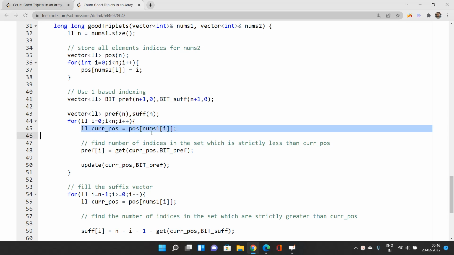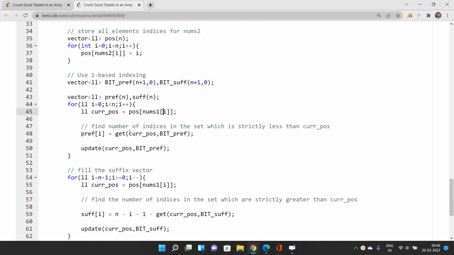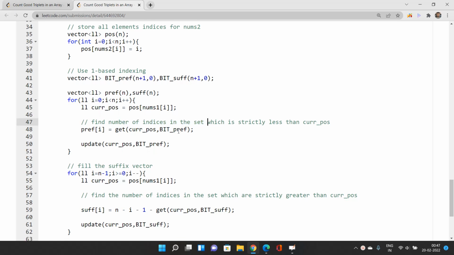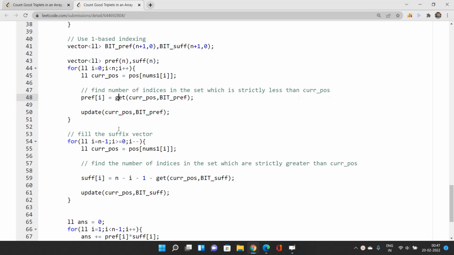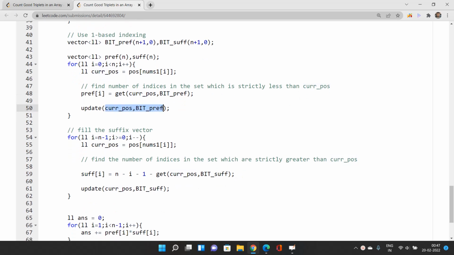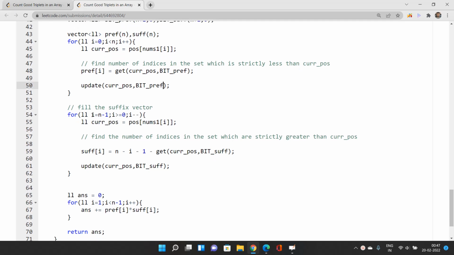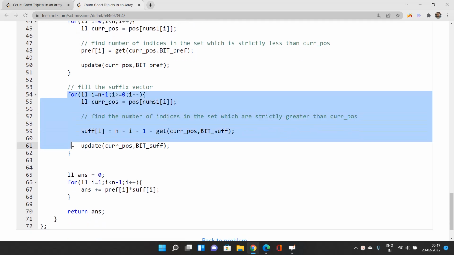So first we will find out the position, and we will query the Fenwick tree for the number of indices in the set which are strictly less than the current position. That is for the prefix one, and similarly after doing that we will update it, like in the ordered set where we were inserting the value. And here is the suffix one, where we will do the same thing.